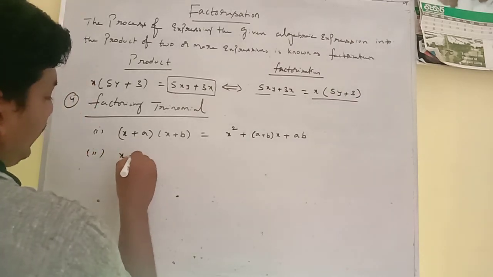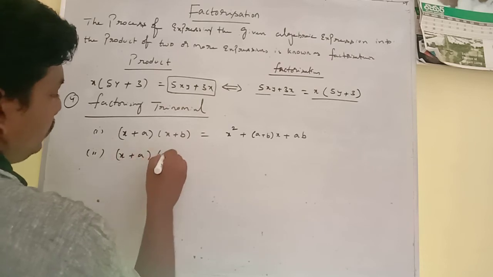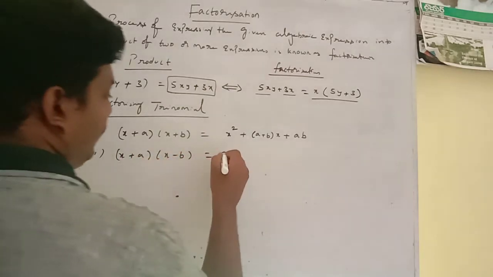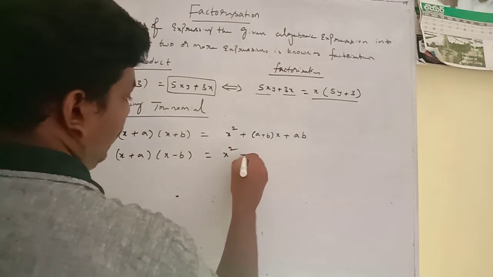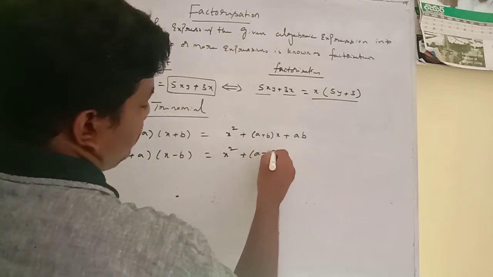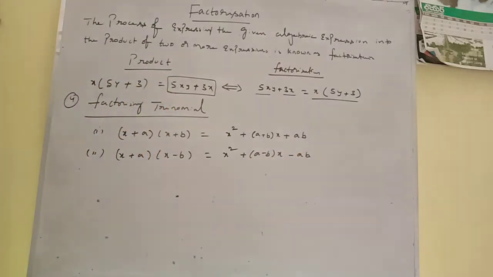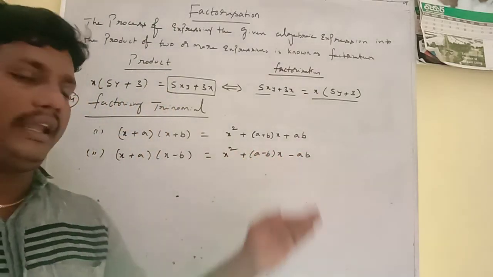Another formula: x plus a into x minus b. If it is minus in the second term, what happens? x square plus a minus b into x minus ab. Then coming to the third, x minus a into x plus b is x square minus a minus b into x minus ab.